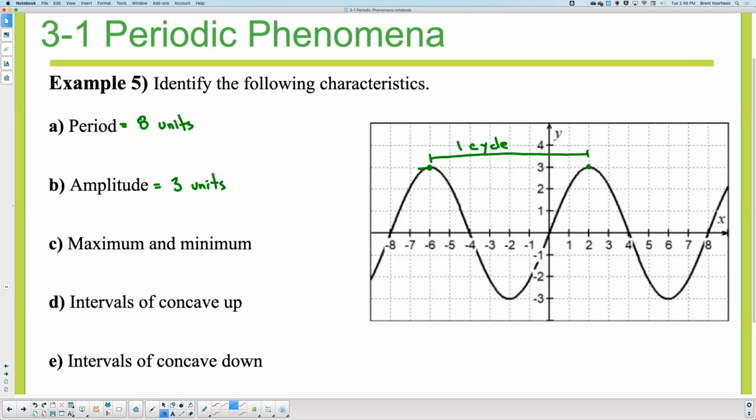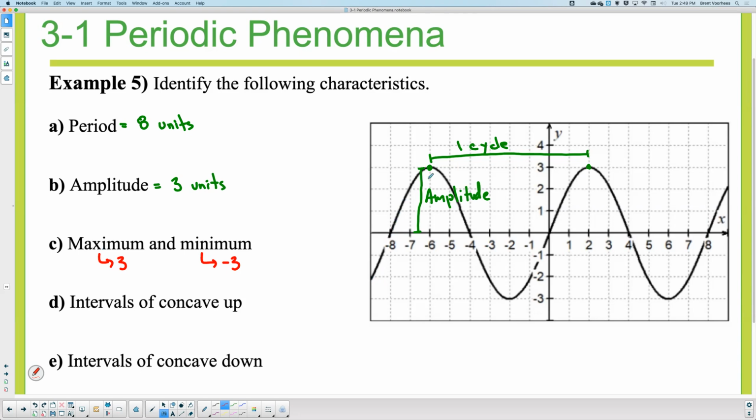That's the amplitude. So a cycle has a length of 1 period. There's my amplitude. It's 3 units. The maximum. What's the maximum value? 3. What's the minimum value? -3. There you go.